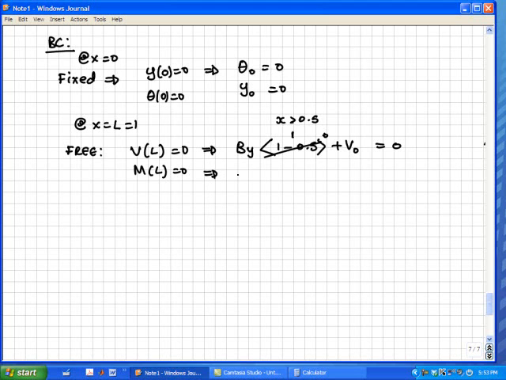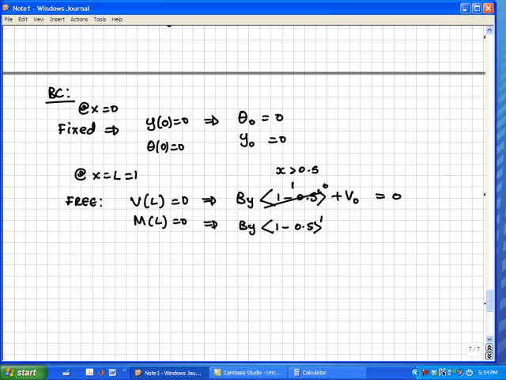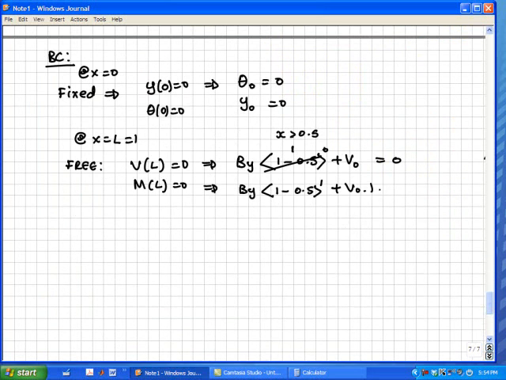M at L gives me By times <1 minus 0.5> to the power 1 plus V naught times 1 plus M naught.